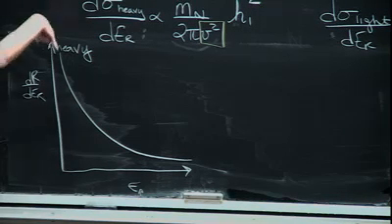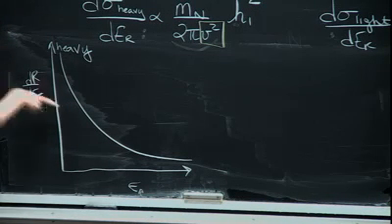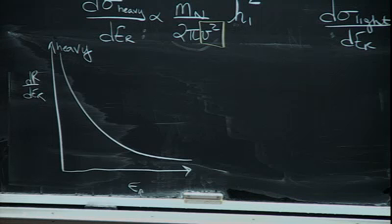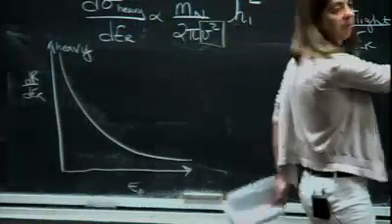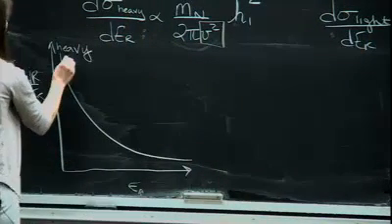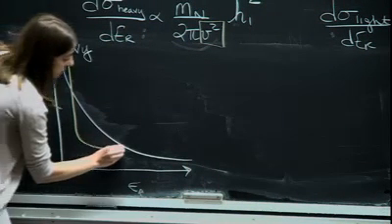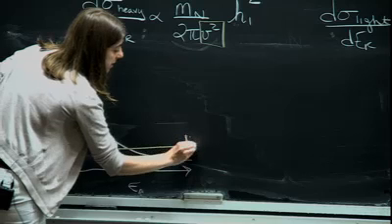Should it fall down more steeply or less steeply? More, yeah. It should drop off more steeply because of the factor of 1 over recoil energy squared. So the light mediator would look something more like this.